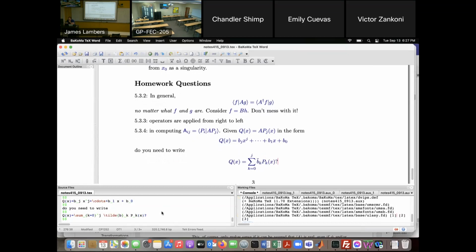Is that what you're asking? Like to change it from this form to this form?